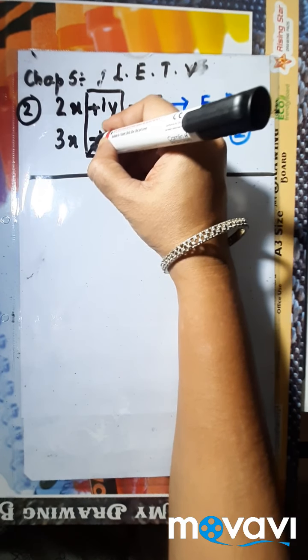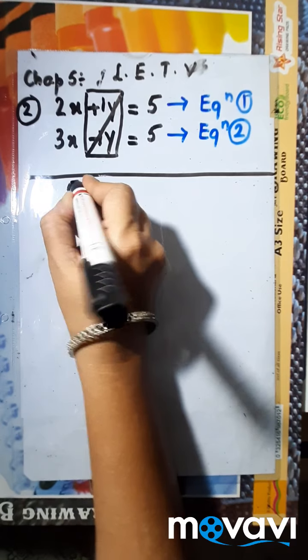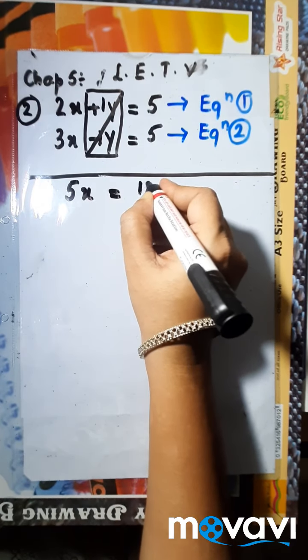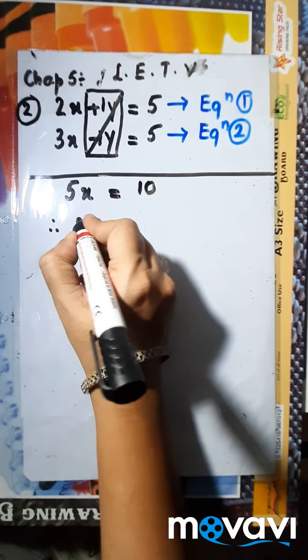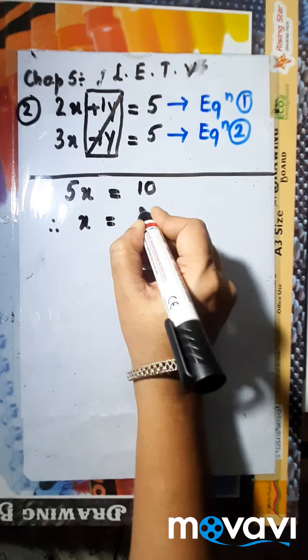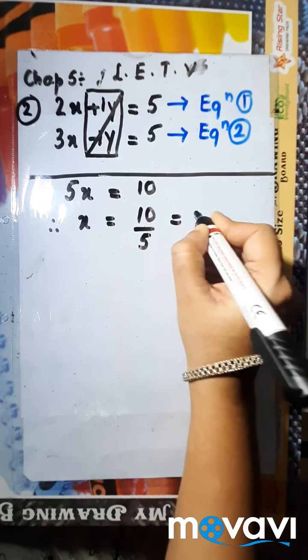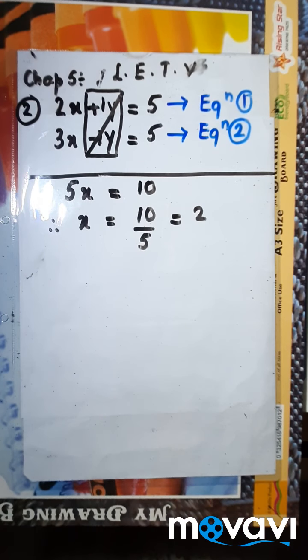So this gets cancelled. 2x plus 3x, 5x. Subtraction means changing the signs. Adding means not to change the sign. So 5 plus 5 is how much? 10. Therefore, x is equal to 10 upon 5. x is equal to 2. Now, what did I do out here? I have to write the reason.